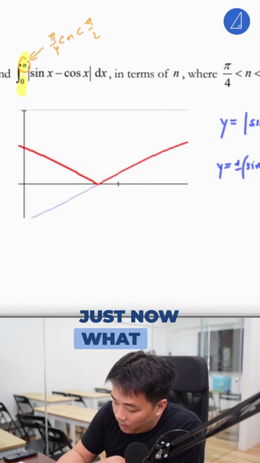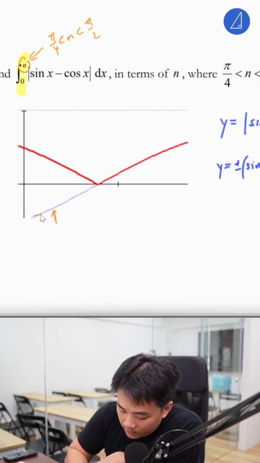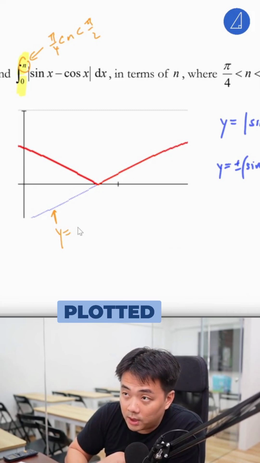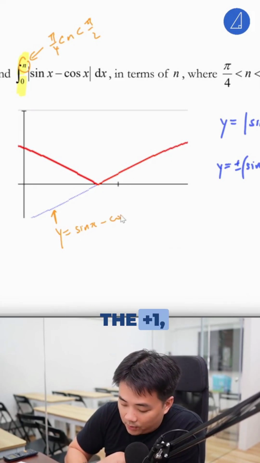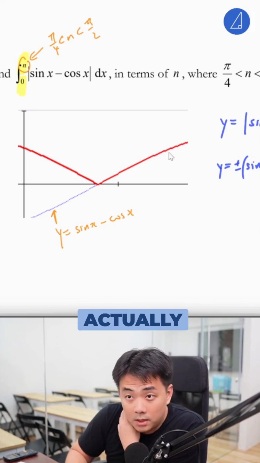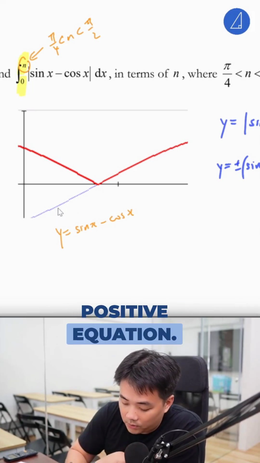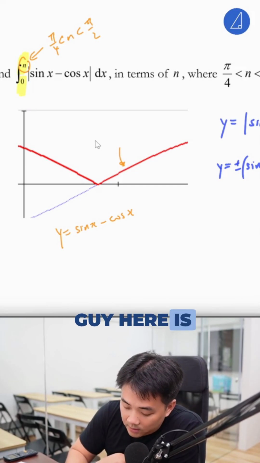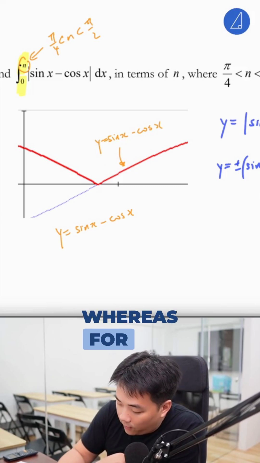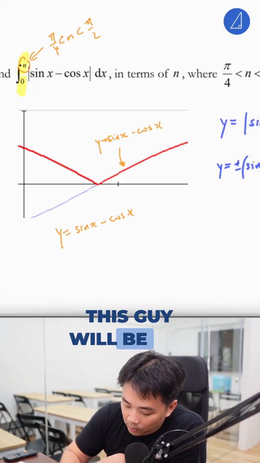Obviously what we did just now, the dotted one is the one we plotted as the positive one. So anything which follows the dotted line is the positive equation. In other words, this one here is y equals sine x minus cosine x, whereas this one is the one that is being flipped up.